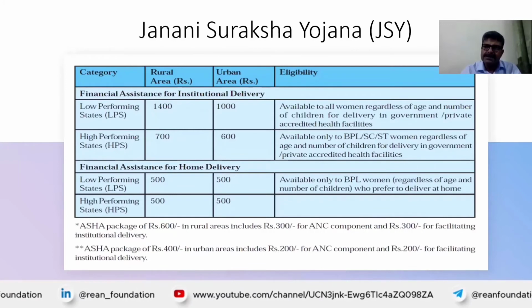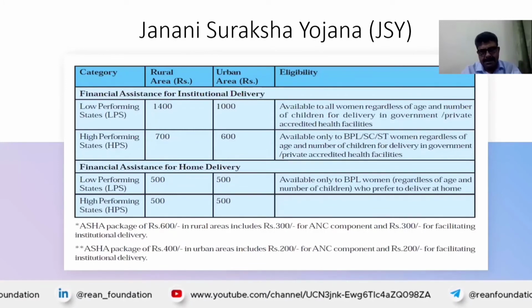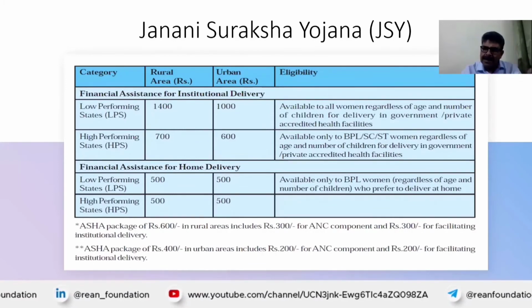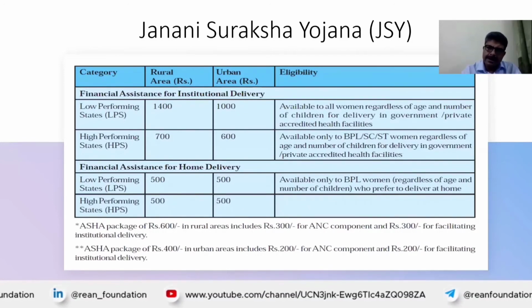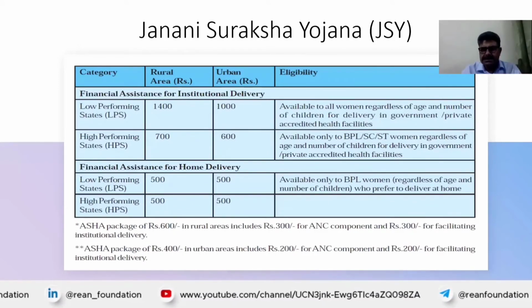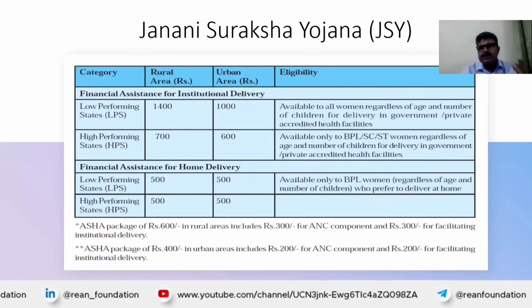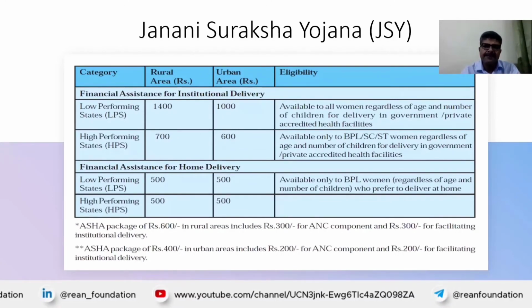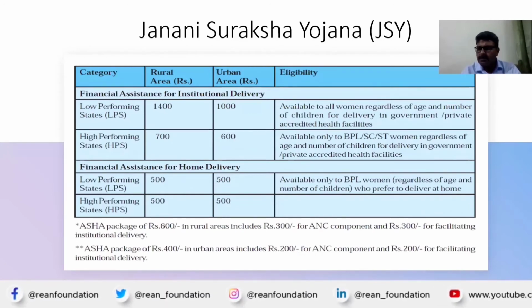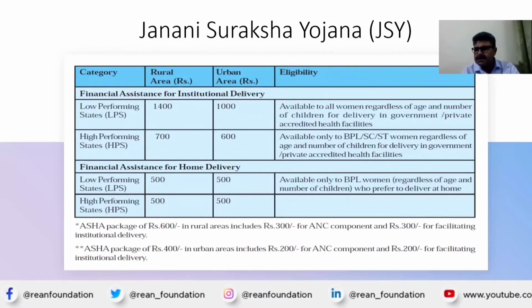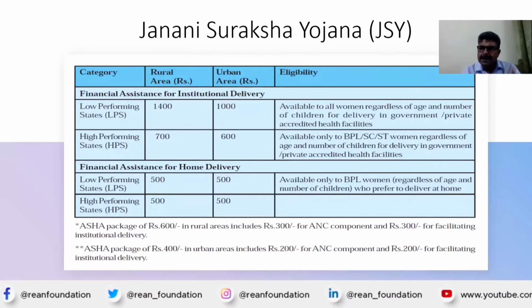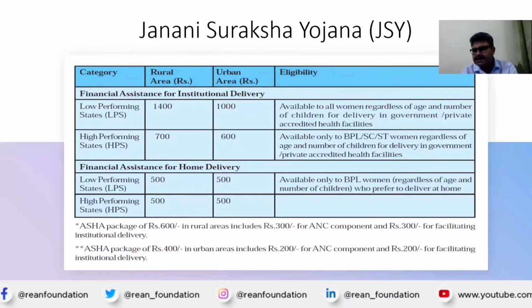High performing states include the southern states, Maharashtra and Punjab. And states like Bihar, Rajasthan, Uttar Pradesh and Chhattisgarh are low performing states where a lot of maternal deaths or infant deaths happen. So the Government of India gives 1400 rupees in rural areas for that purpose, some incentive, and in urban areas it is 1000 rupees. Similarly, in high performing states it is 700 and 600.